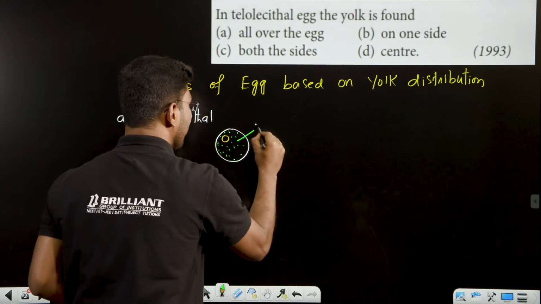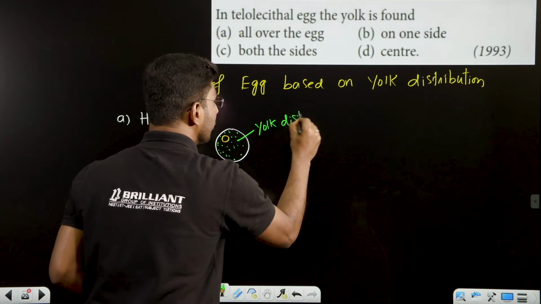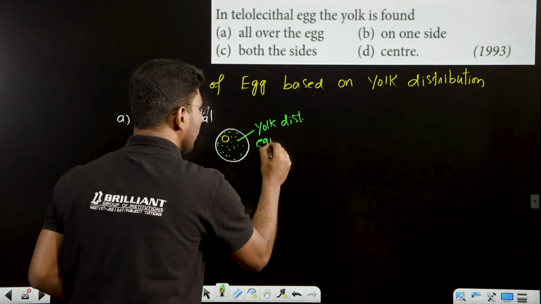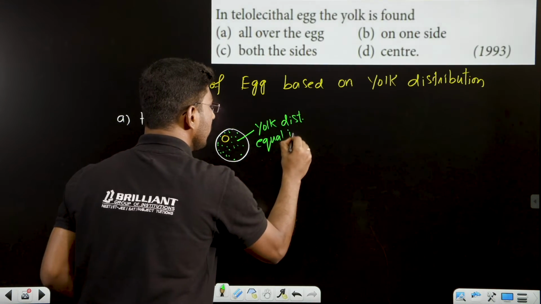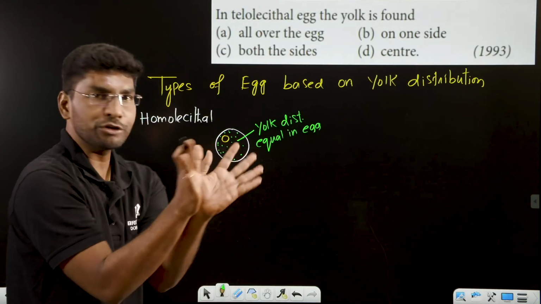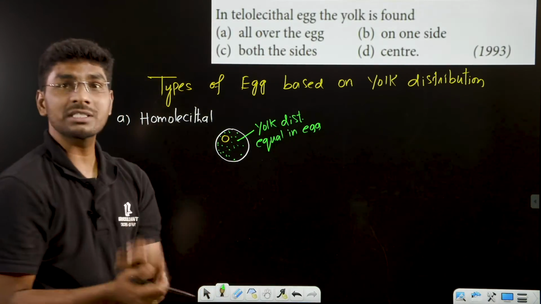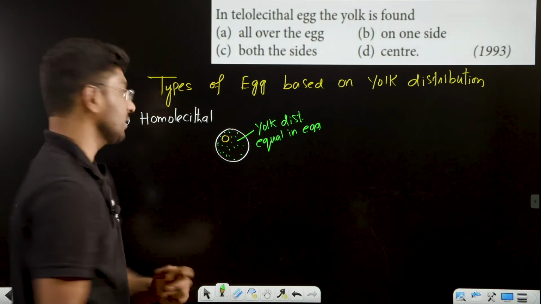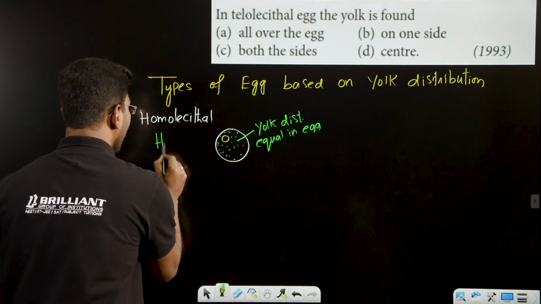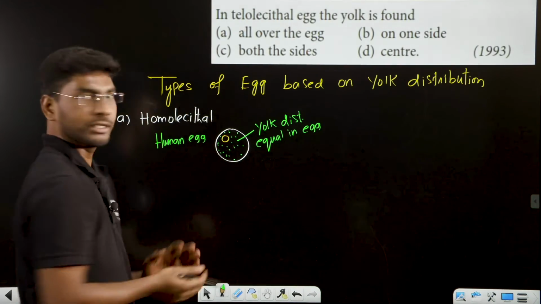Such types of eggs are called homolecithal. Example, human egg. I hope you get my point.